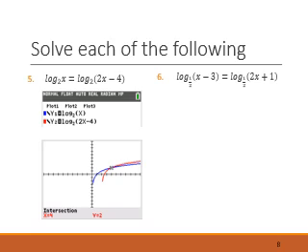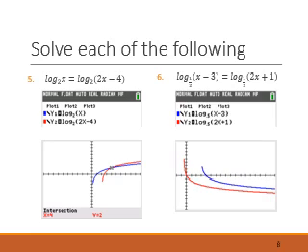If I try to graph the functions on number 6, here the blue graph is log base 1/2 of x minus 3. The red graph is log base 1/2 of 2x plus 1. I've adjusted the window here. You can see this is going from x equals -2 to x equals positive 18.